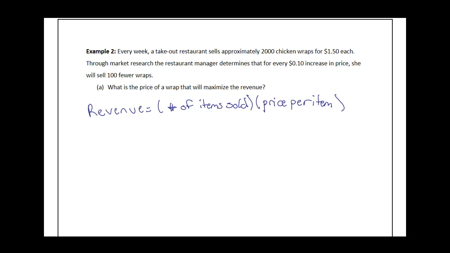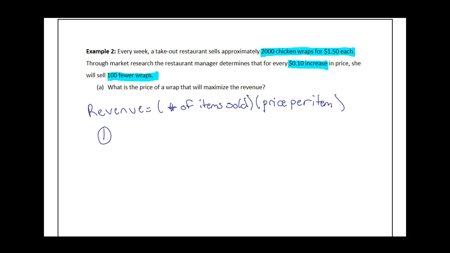It's the amount of money that they're going to make due to their sales. So what do we have in our problem in this case? We have 2,000 chicken wraps for $1.50 each, and a 10-cent increase in price means 100 fewer wraps. So we're going to use that to help our equation here.